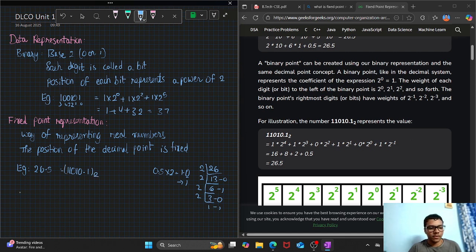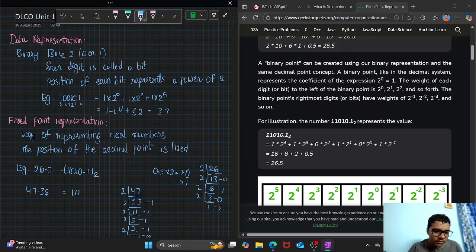Let us take one more example, 47.36. This will be more complicated, I think, but let's do it. 47 divided by 2 is 23, and one remainder. 23 divided by 2 is 11, one remainder. 11 divided by 2 is 5, one remainder. 5 divided by 2 is 2, one remainder. 2 divided by 2 is 1, 0 remainder.